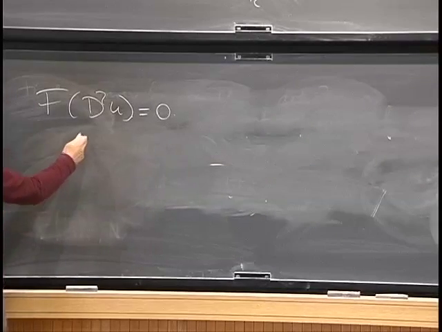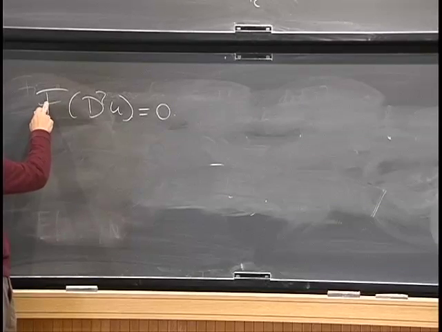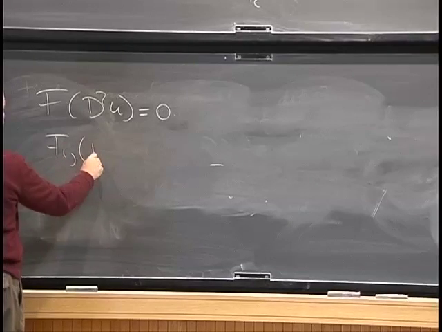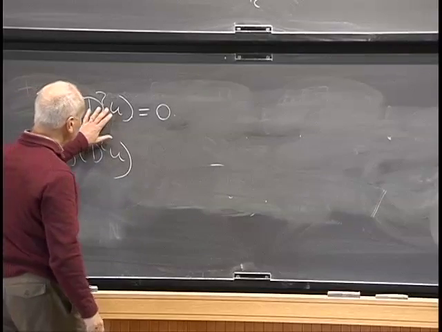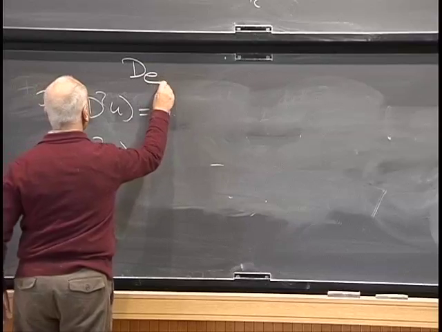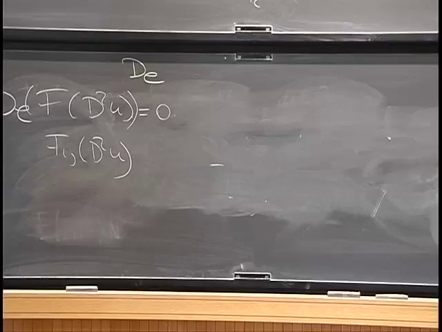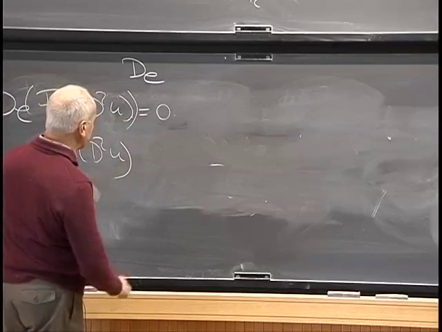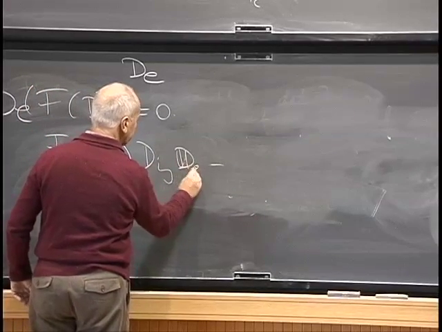So you take a derivative to see what equation is satisfied by the first derivative of u. So you take the derivative of f with respect to the ij position. And then let's say you take a directional derivative in the direction e, right? And then you have to take the e derivative of dij of u. So you get dij of de of u.